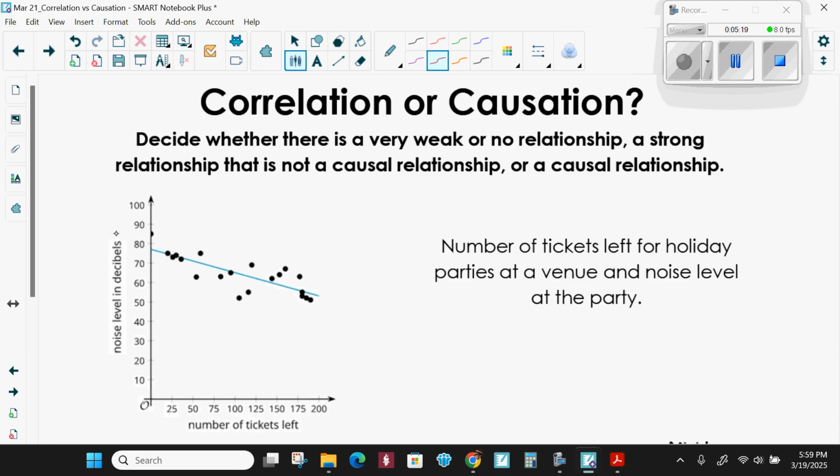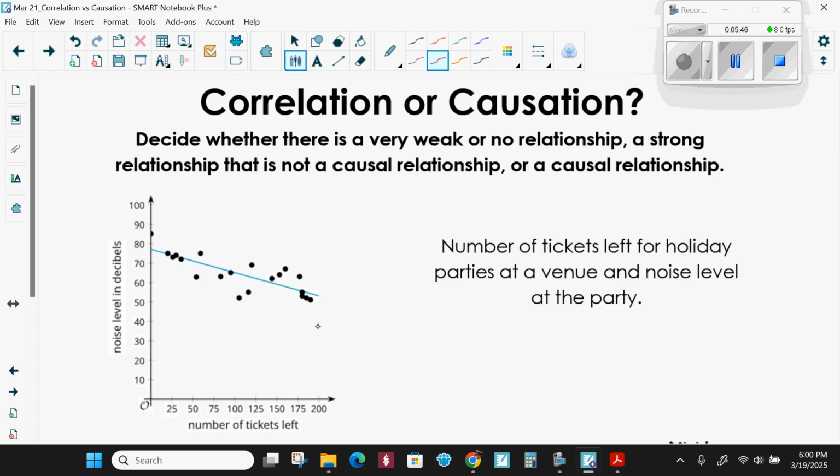Okay, so this one says the number of tickets left for holiday parties at a venue and the noise level at the party. So here, if they have very few tickets left, the decibel level is high. If they have more tickets left, the decibel level is lower. Does the number of tickets left over mean that the party is going to be quieter?